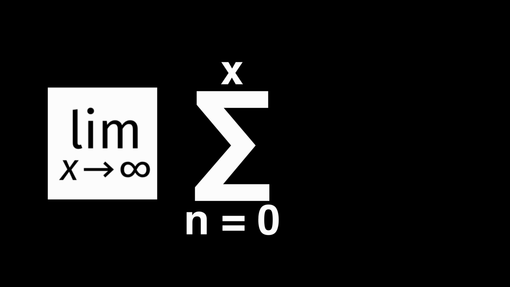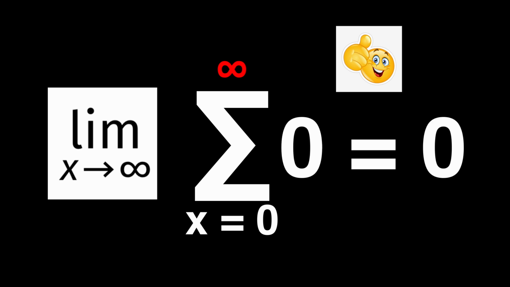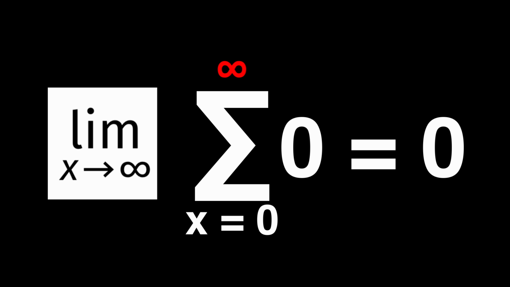For example, the limit as x approaches infinity of the summation of n equals 0 to x of 0. Even though there's an infinity in the expression, the limit operator can be used to collapse the infinity to a finite number. This is allowed because the summation converges.